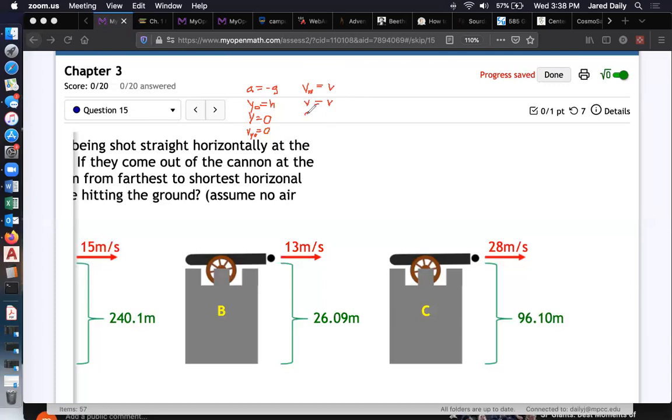That means the acceleration in the x direction is 0. And we're also going to say that the initial position in the x direction is 0 because we're trying to find the final position in each case. This is the thing we're trying to find.